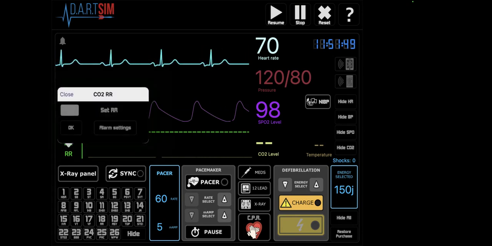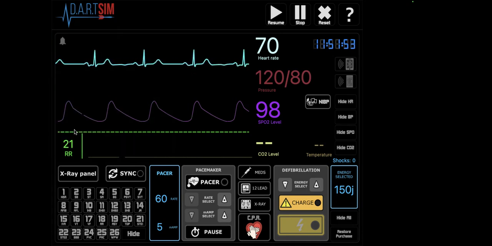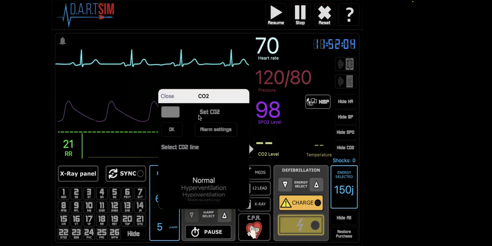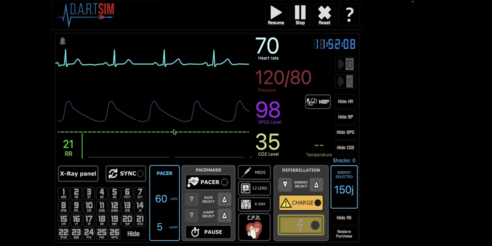If you look here, we will give our patient a respiratory rate. And if this patient had some way of measuring his exhaled carbon dioxide, then it would read as a waveform up here.